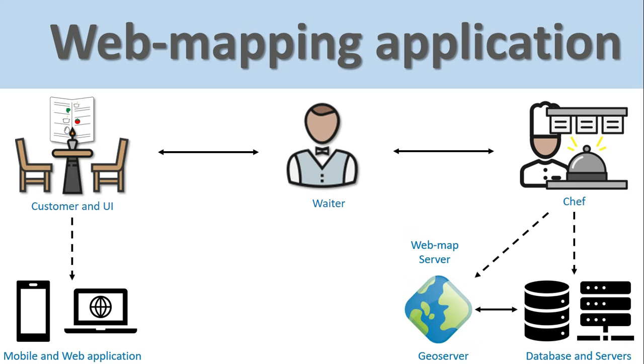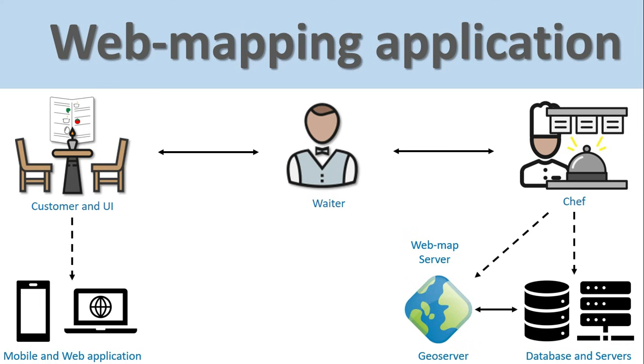Now, what is the advantage of pre-generating maps? It improves system performance and enhances the user experience. You would have used Google Maps and Bing Maps; these are popular map servers. Even ESRI has the ArcGIS Online web map server.